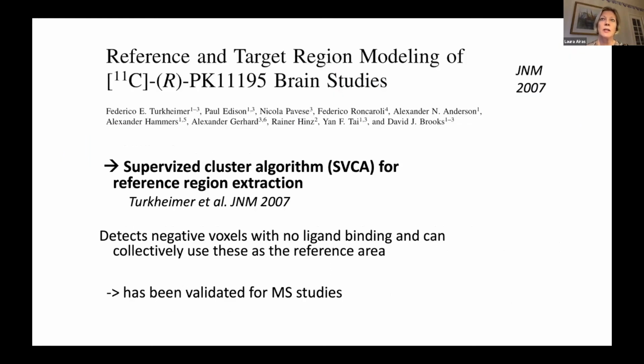So in our studies, we use the Turkheimer method, the supervised cluster algorithm for reference region extraction, which is necessary as there is no normal anatomical reference region in the MS brain.